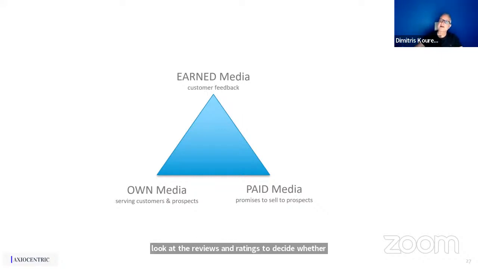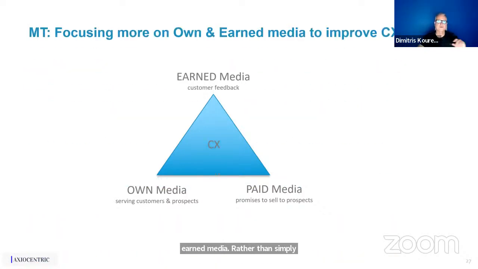So modern thinking marketers put more attention on earned media and own media rather than simply on paid media. But they are very, very few. So focusing on own media and earned media is very, very important. And that means improving customer experience, first for customers who bought from you, and second for customers that might buy from you. This is the new mindset we need for the 21st century.